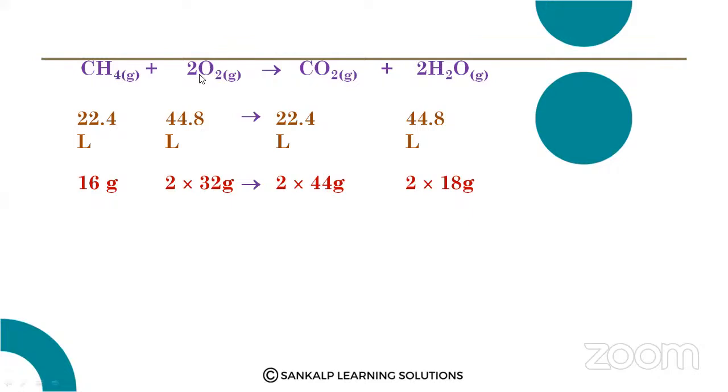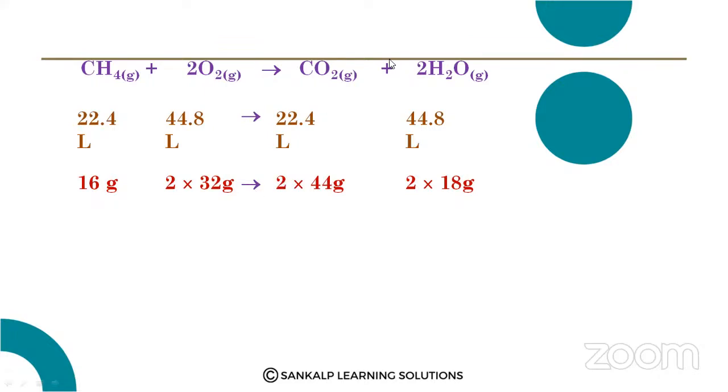For oxygen, it is 2 moles, so you have to multiply by 2. Each oxygen is 16, so it is 32, into 2. Then carbon dioxide is only 1 mole, so it is 22.4 liters. Accordingly, the volume of gas also changes. For carbon dioxide, what is the molecular mass? You have to write it as 1, not 2.